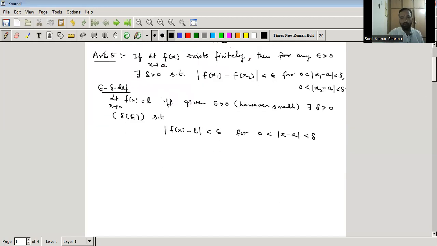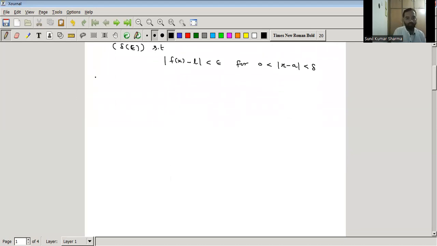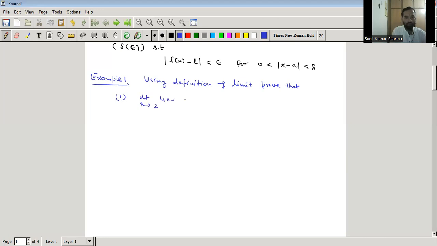So let us discuss one example. Using the definition of limit, prove that: limit x goes to 2, 4x minus 5 is equal to 3.